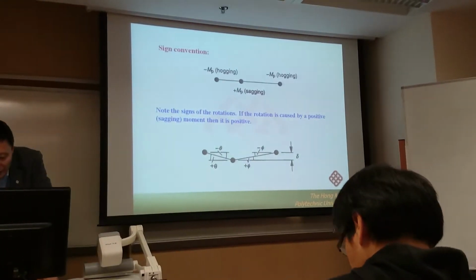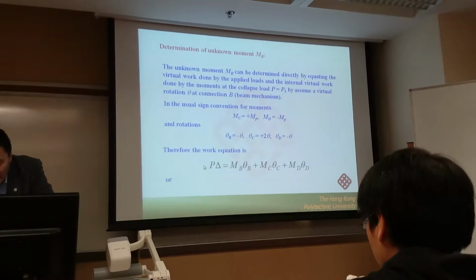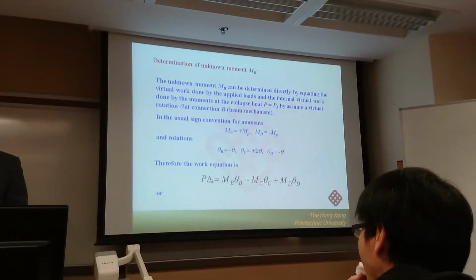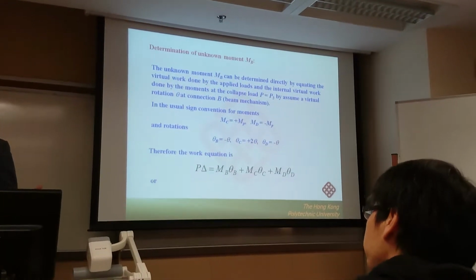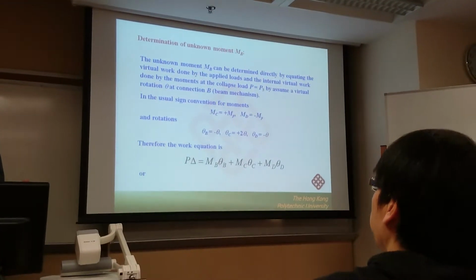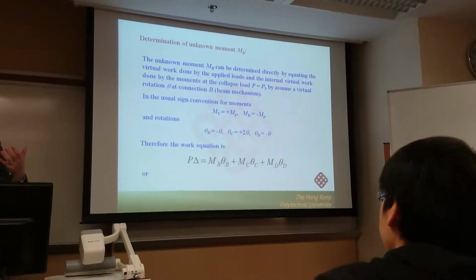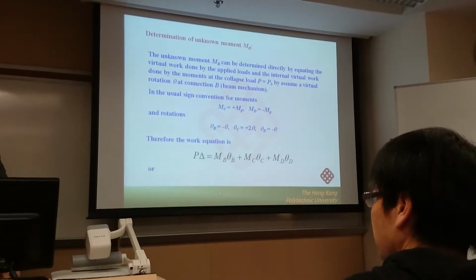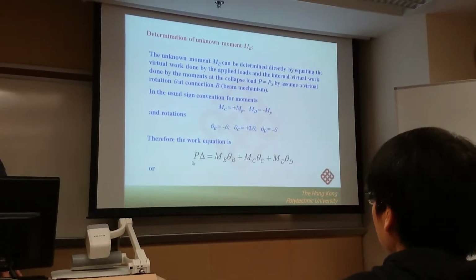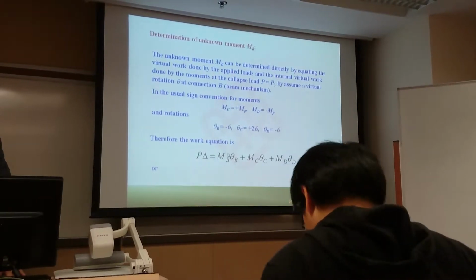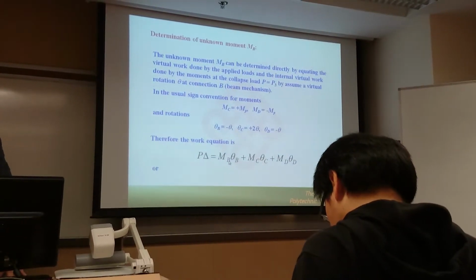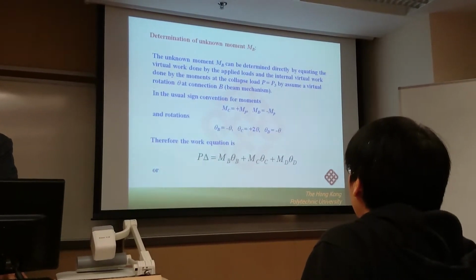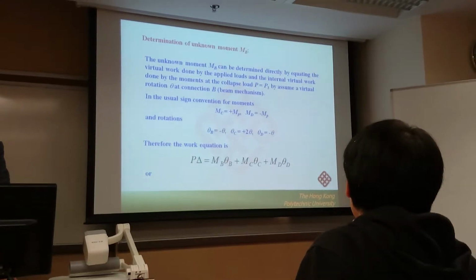So you also have to change this term to negative P times delta, and then the solution will be the same. So you can introduce any virtual displacement, but you have to make sure that the virtual work equation can be used to obtain the solution for MB. You have to involve MB in the equation, otherwise it is impossible to get the solution for MB.